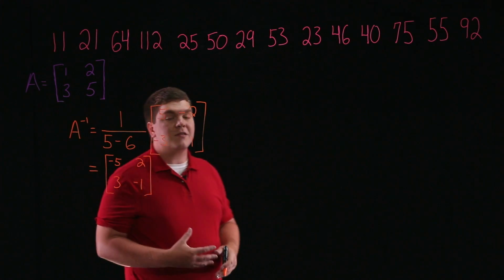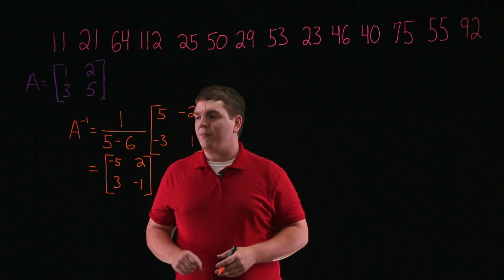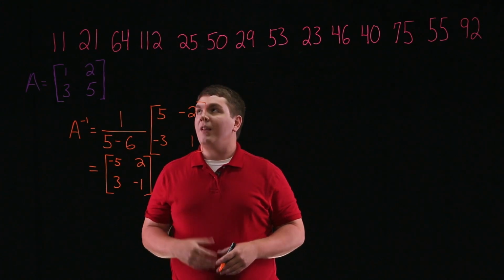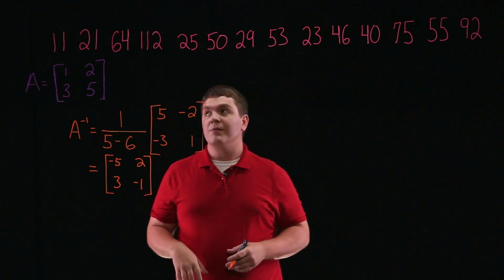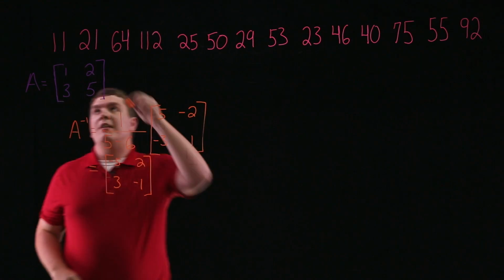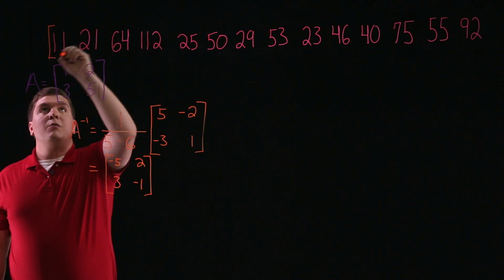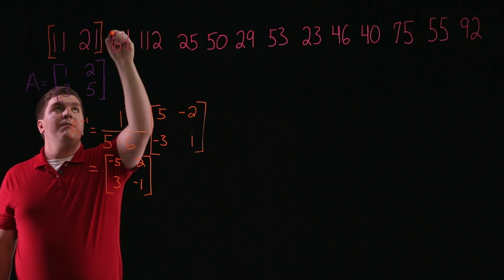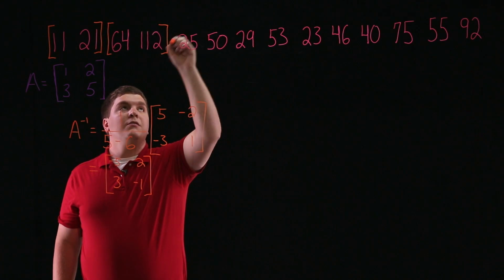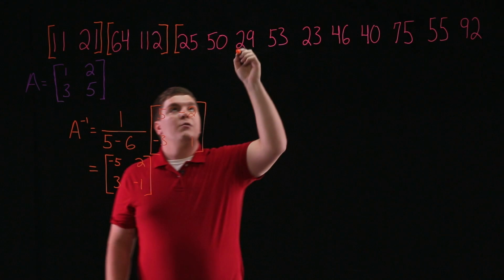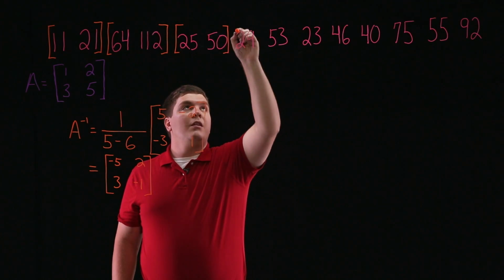Now, since A inverse is a 2 by 2 matrix, we want to take our cryptogram and block it off into 1 by 2 matrices. So let's go ahead and do that. Our first matrix will be 11, 21. Our second matrix will be 64, 112. Next, we'll have 25, 50.